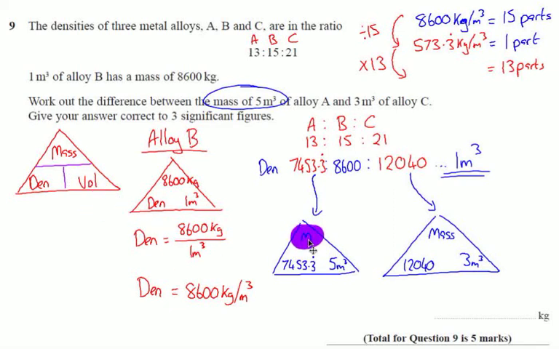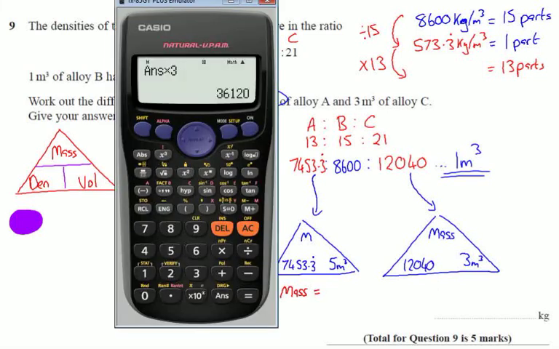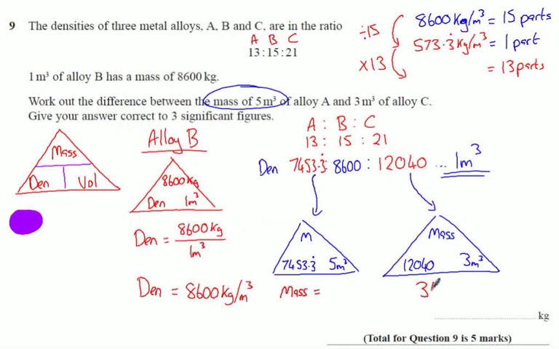So again, it's back to this. If you don't know the mass, you cover it up. You multiply them together. So your mass for these is going to give me the same answer as I previously had. Times by 3 is 36,120. So the mass is 36,120, and we're talking mass, so kilograms.